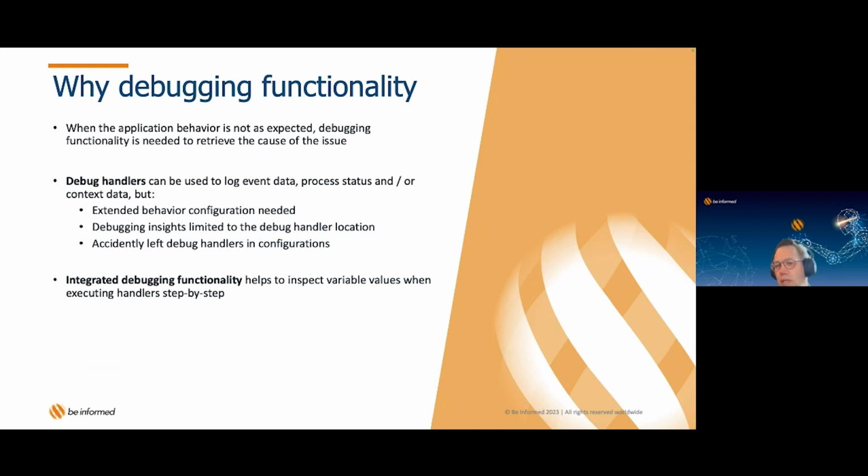Another reason could be I'm less familiar with the project, and I want to go step by step through the functionality and understand how this is working, what is happening. That will help in debugging functionality. In this presentation, there are two sections: the debugging handlers which we currently have, and the integrated debugging functionality within the studio. So I go to the next slide.